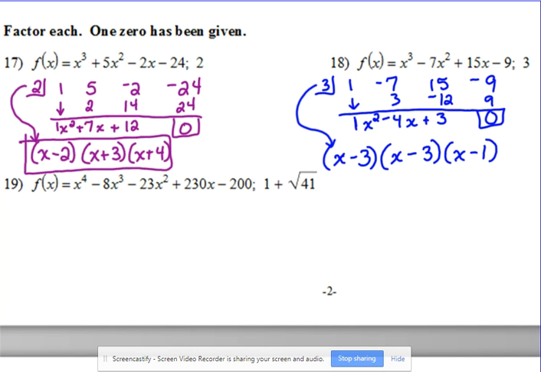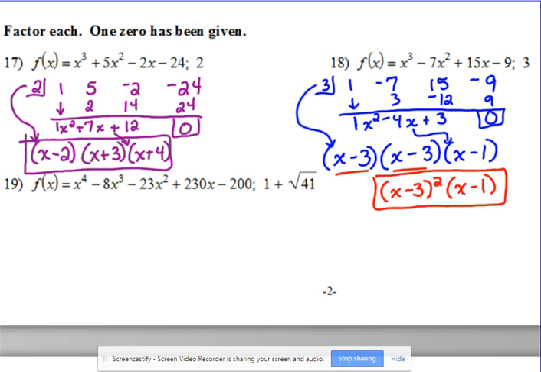So this comes from the factoring, and the other part comes from the 0 that they gave us. Now, since we have the exact same factors right here, we should write that as x minus 3 squared times x minus 1. That's how you would see it on an answer key.